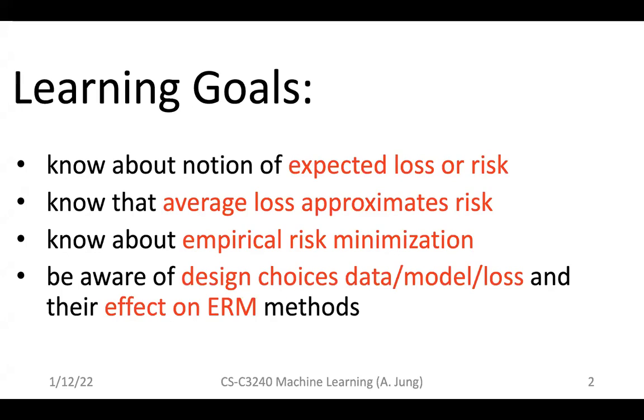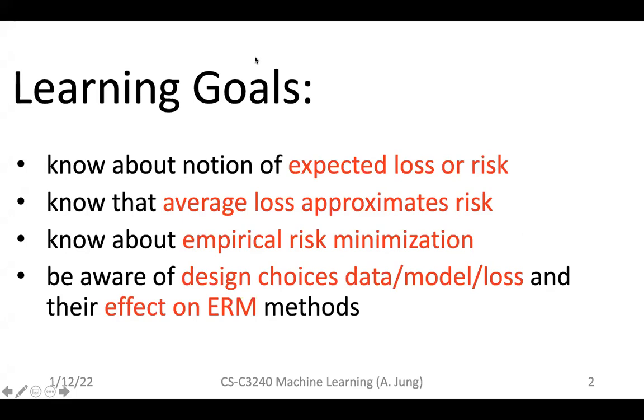So we need a bit of probability theory, but only as much as really required for our purposes. Then we will see that we can approximate this quantity called risk using average loss, which we also call empirical risk. And it seems quite natural to try to minimize the empirical risk.